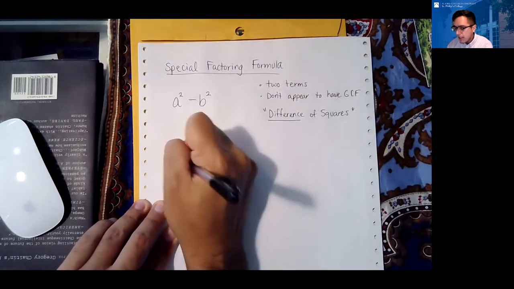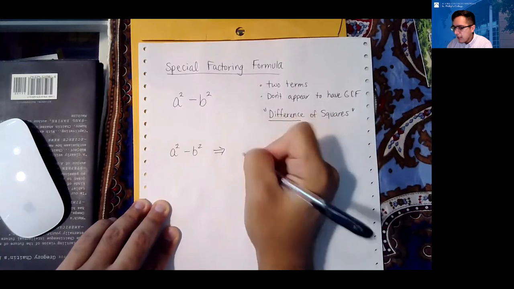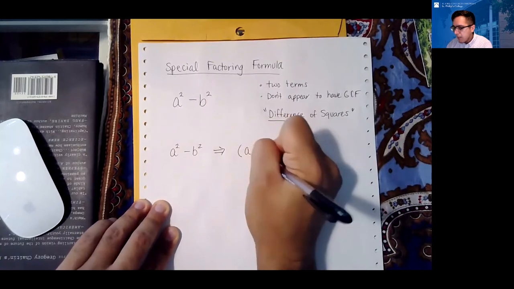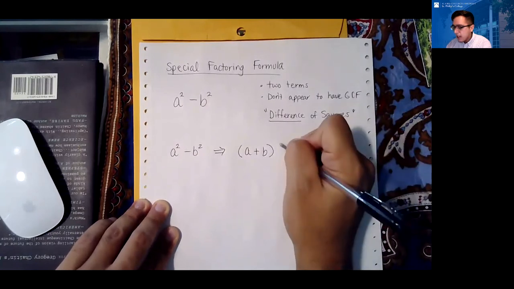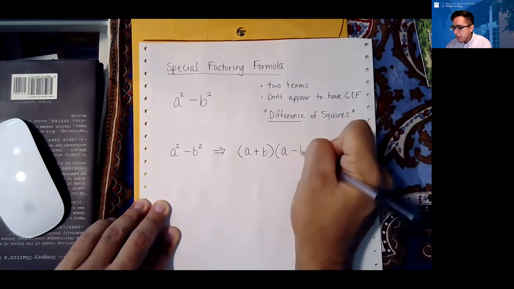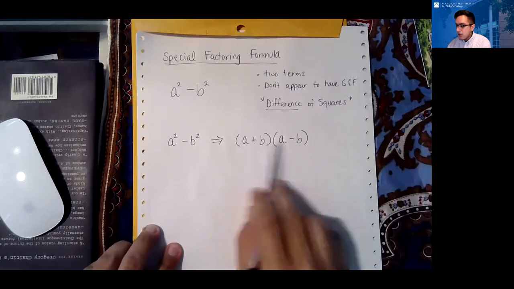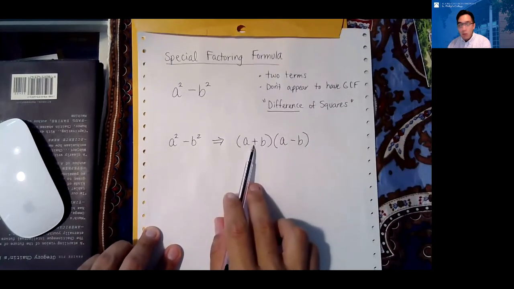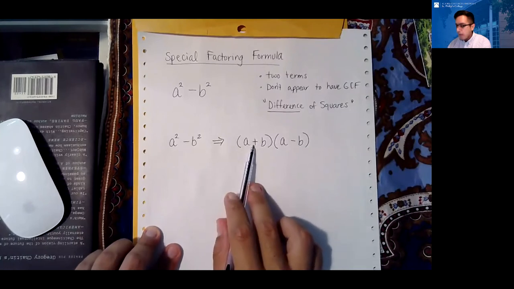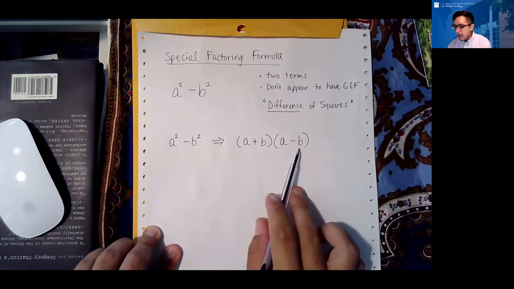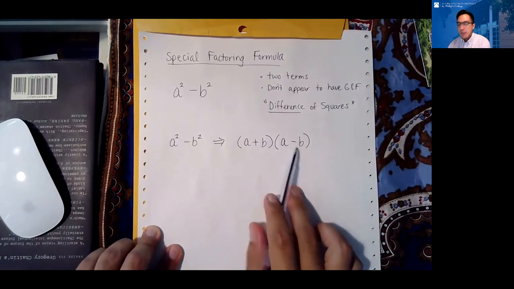So a squared minus b squared will factorize into a plus b for the first polynomial times a minus b for the second polynomial. So it's the same two terms, but in one of the parentheses, you'll be adding those two terms. And in the second parentheses, you'll be subtracting those two terms.